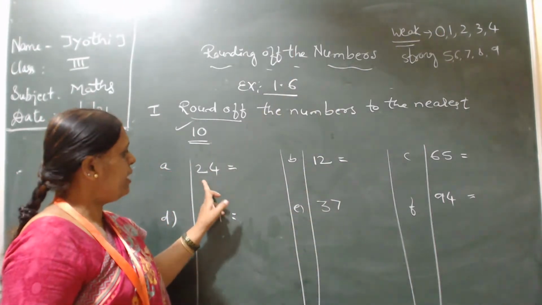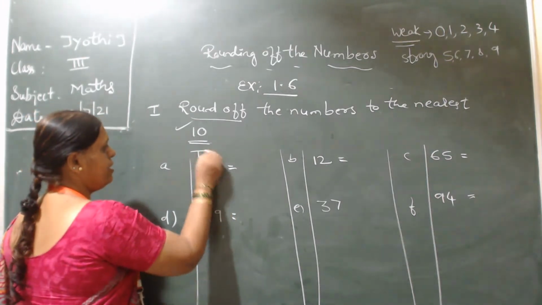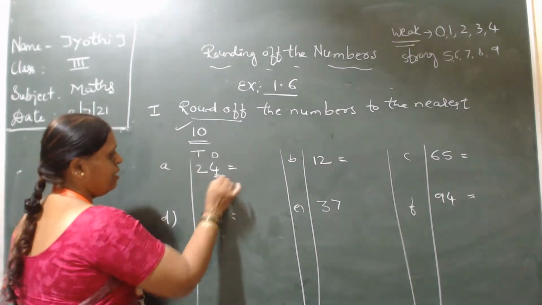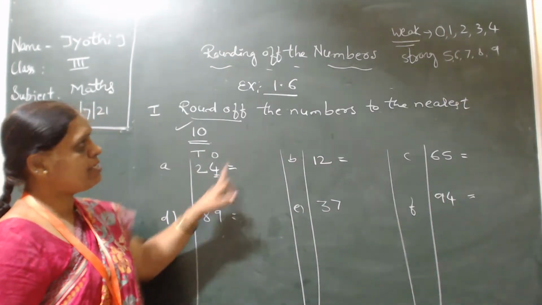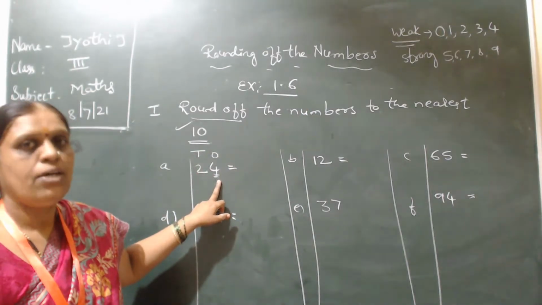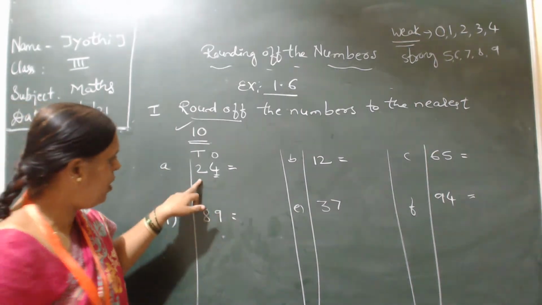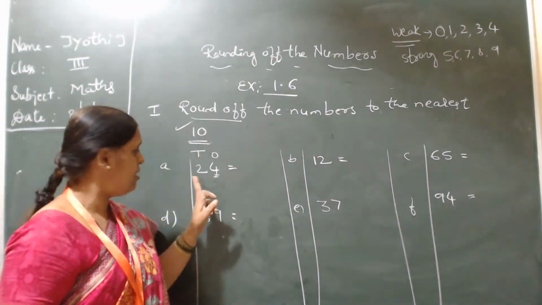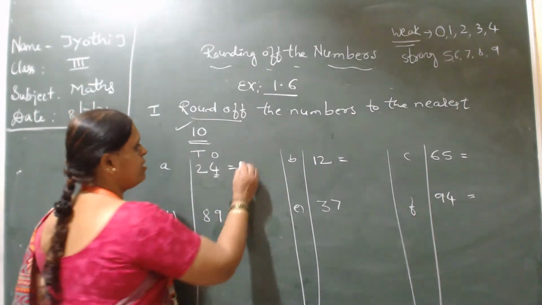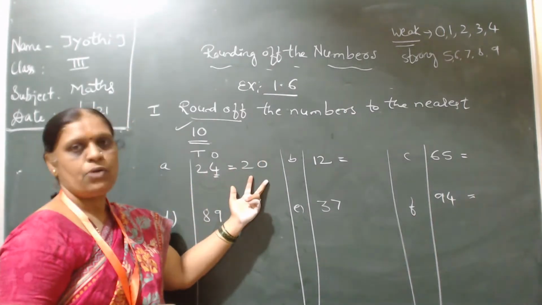Now see 24. This is tens, this is ones. As 4 is in the first group, it is not strong. It is a weak number. So 4 does not change this tens. It remains the same. Understand? 24 will become 20.